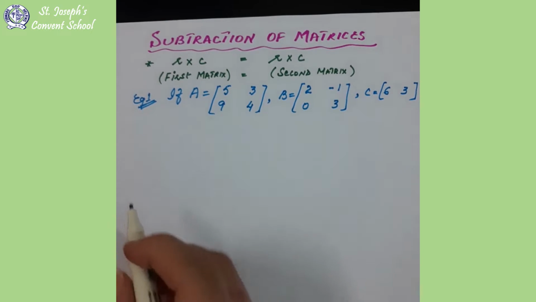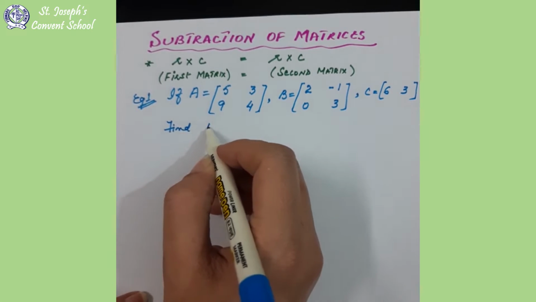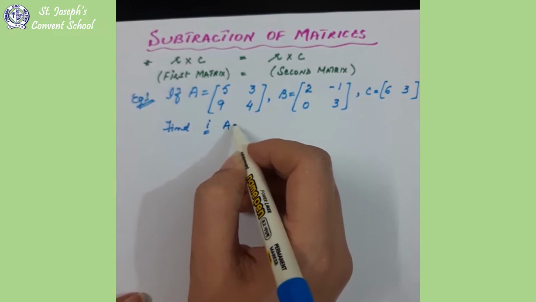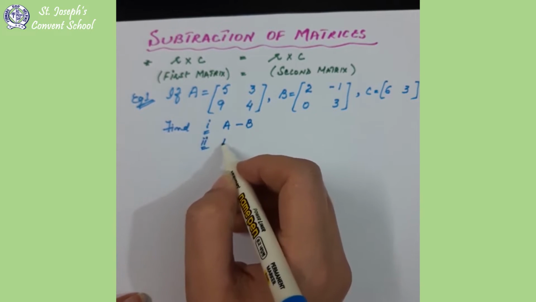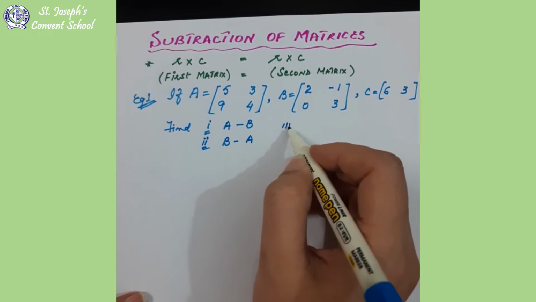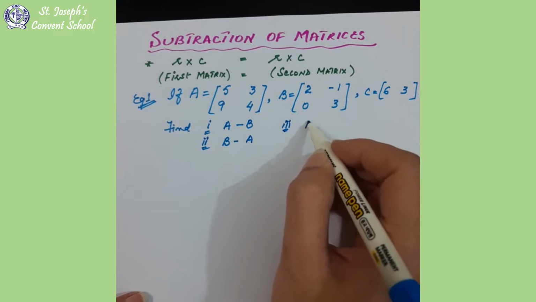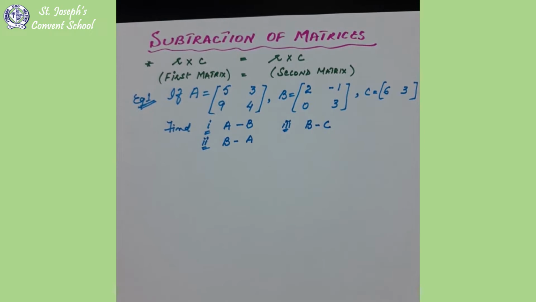So these are the three matrices, and we will find in this case A minus B, and we will find B minus A, and then we will solve B minus C. Let's solve these one by one.